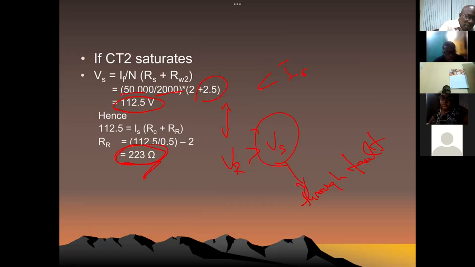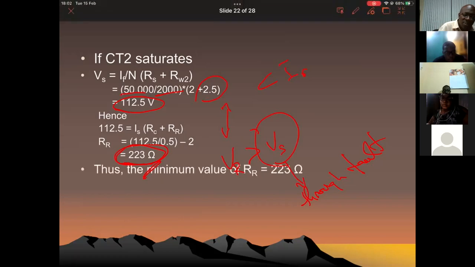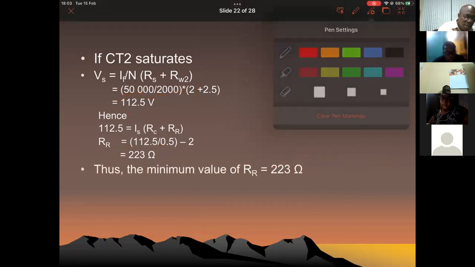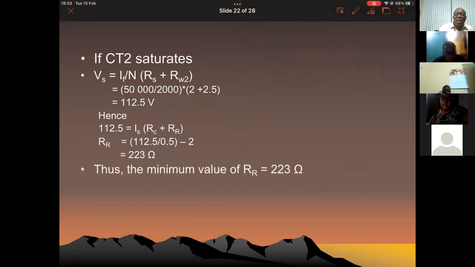Okay? And so the minimum value for RR would be 223 ohms. And you would go further because I doubt you'd be able to go into the shop and purchase a 223 ohm resistor.